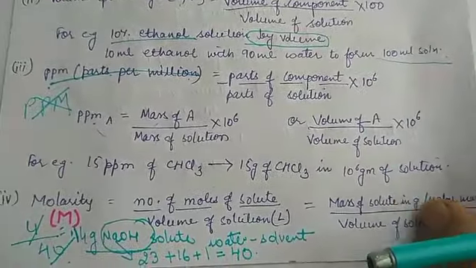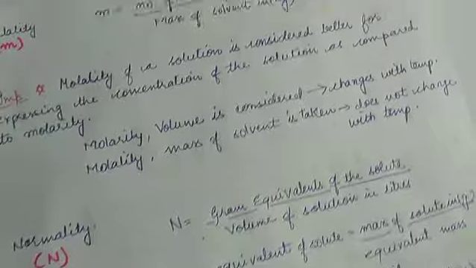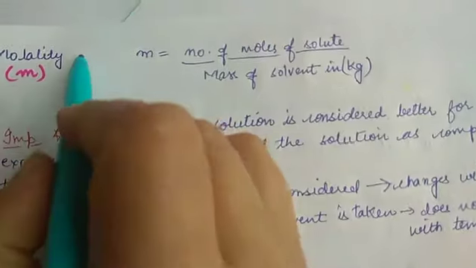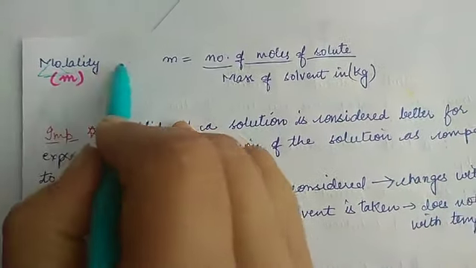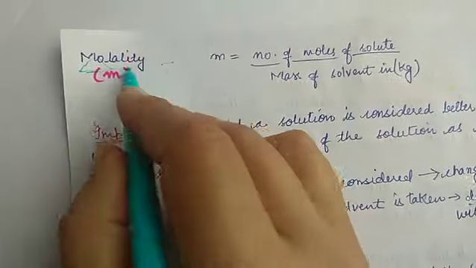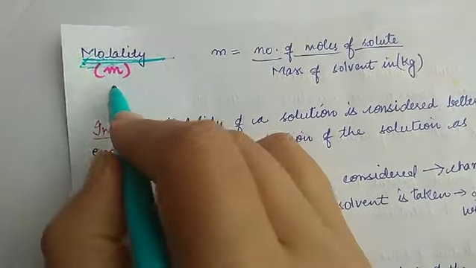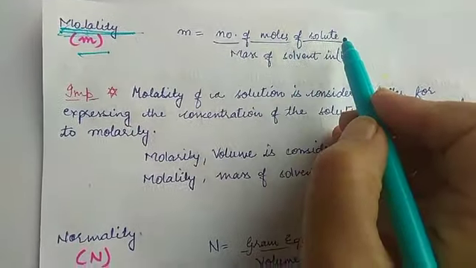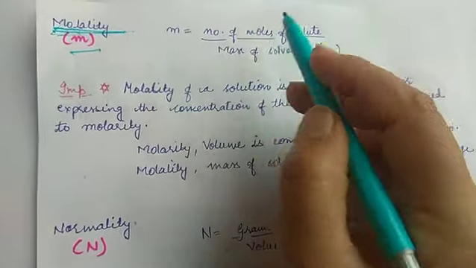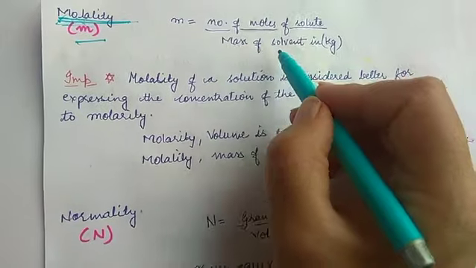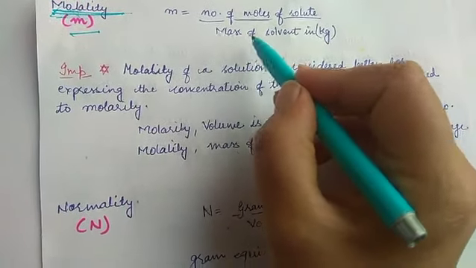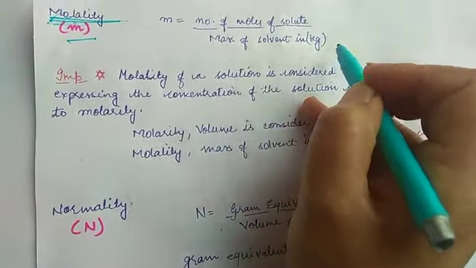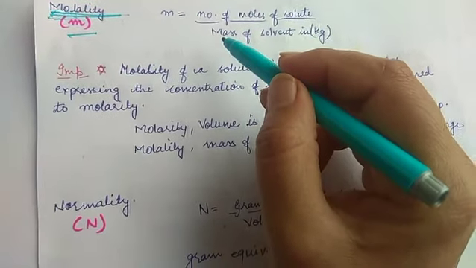Clear? Now coming to the next, we have molality. The next unit of concentration is molality, and it is represented by small m. And what is the formula? Number of moles of solute, same as in molarity, but here in the denominator we have the mass of solvent in kg, while in molarity we have the volume of solution in liter.